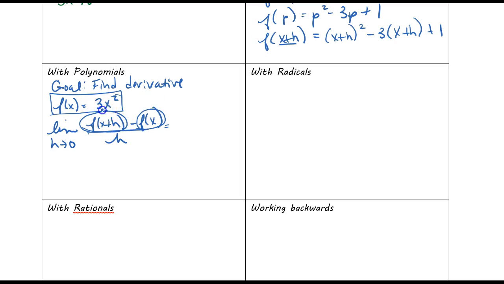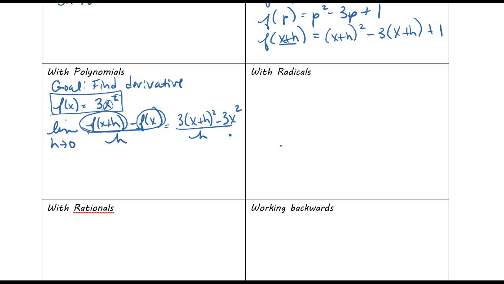X plus h has to replace your x. So it should look like this: 3 times x plus h squared minus 3x squared all over h. I'm still keeping this limit in the front, but all of this simplifies into that. I hope that makes sense. Okay, rewatch something if it didn't make sense.